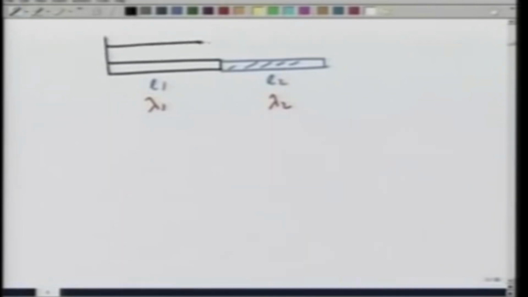I am left with the center of gravity of this rod. With L1, L2, lambda 1, lambda 2, the load curve is something like this.